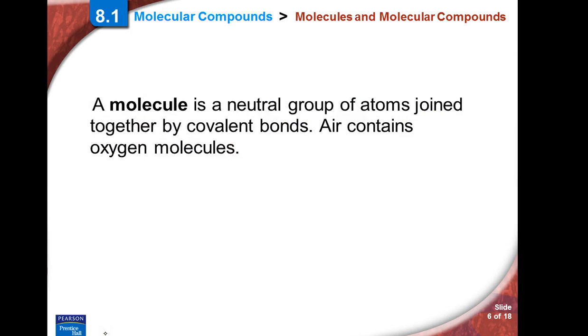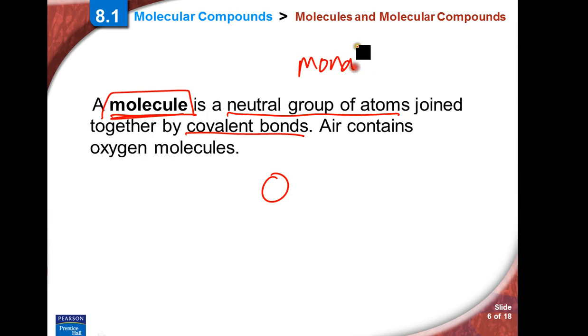It's a different kind. So, a molecule, definition of a molecule, is a neutral group of atoms joined together by covalent bonds. So, example being oxygen molecules. Oxygen is not monatomic. It contains two atoms, two oxygen atoms connected together.